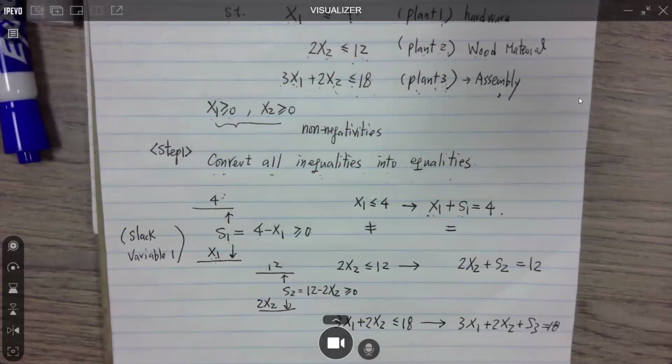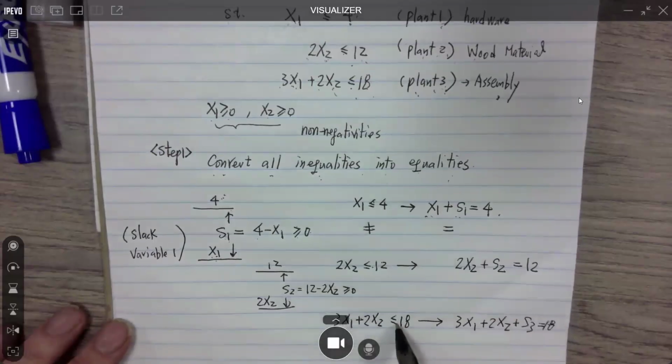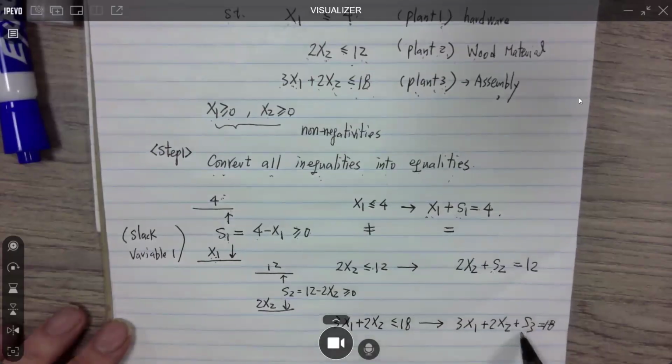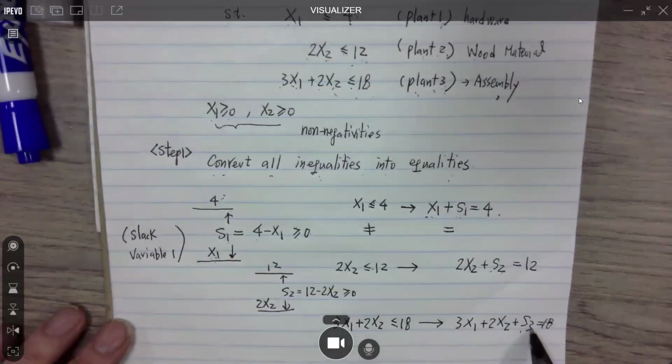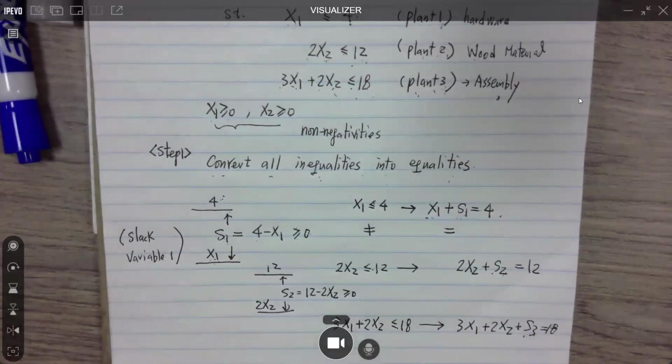So we convert from inequalities to equalities by introducing the slack variables S1, S2, S3. Okay? Any question?